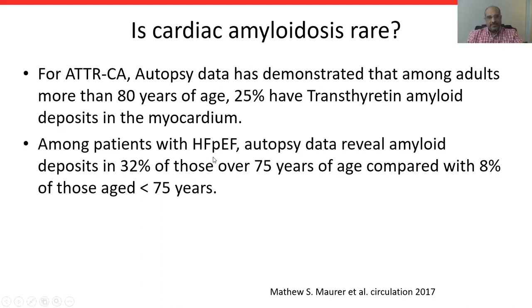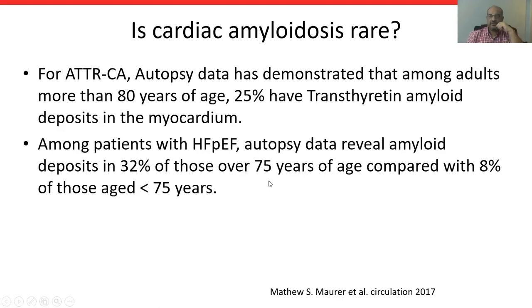Even patients with HFpEF, which are diagnosed as HFpEF, autopsy data reveal amyloid deposits in 32% of those patients over 75 years of age, compared with 8% of those aged less than 75. So age is a limiting factor here, important to the prevalence of ATTR amyloid.